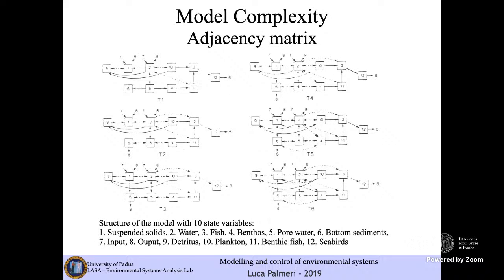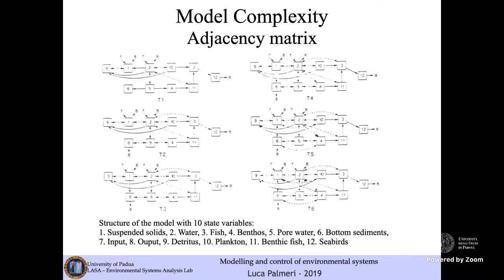So let's switch to a way of describing model complexity. Now we're going to introduce an operative way of defining and measuring the complexity of mathematical models in terms of our schematization as box and flow models.